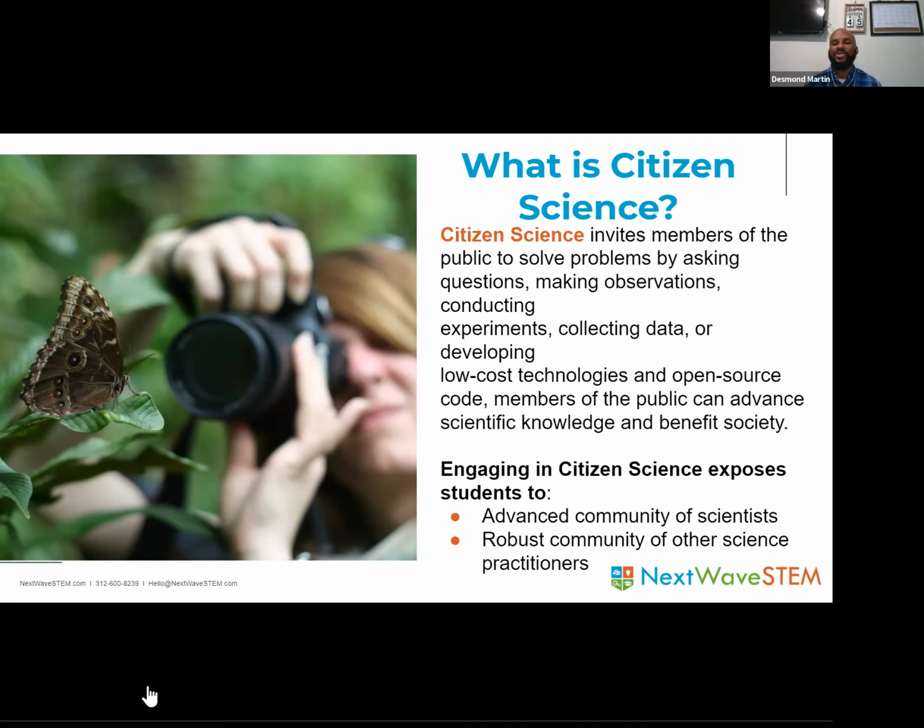We're able to now feed into large data sets that are being worked with actual science. And when I say actual science, I mean with science professionals, scientists, demographers, archaeologists, astronomers, physicists.